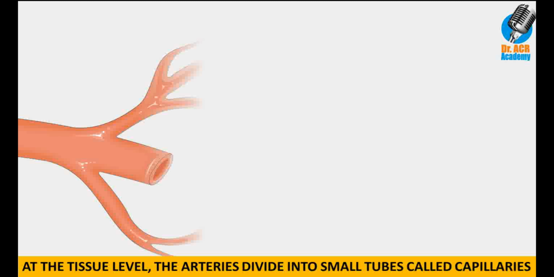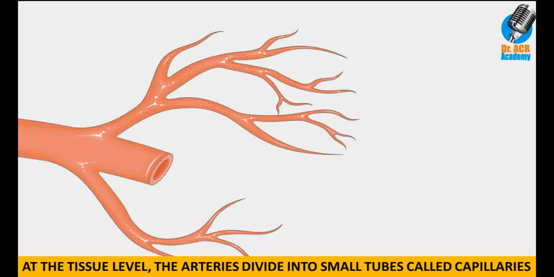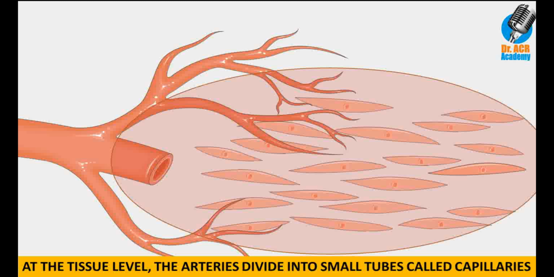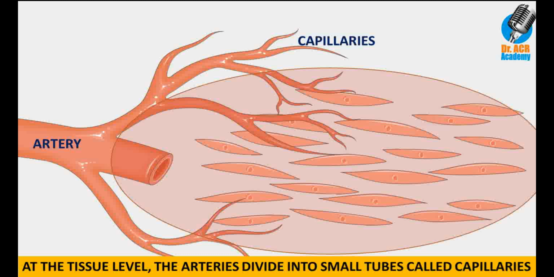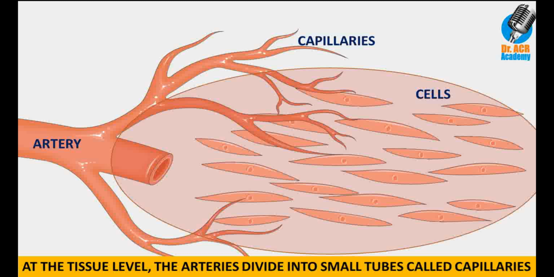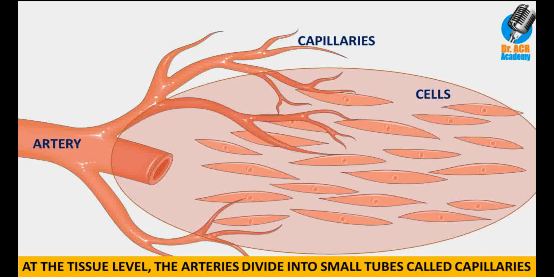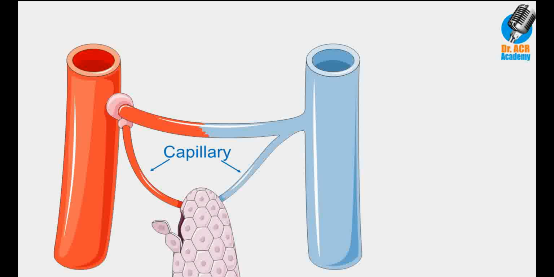At the tissue level, the arteries divide into small tubes called capillaries. In fact, capillaries supply oxygen and nutrients to the cells, and then they carry the carbon dioxide and other waste products produced in the cells and form the veins.